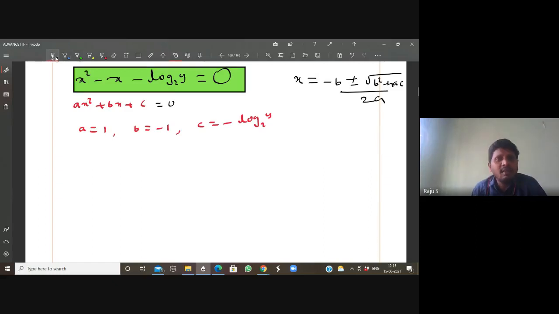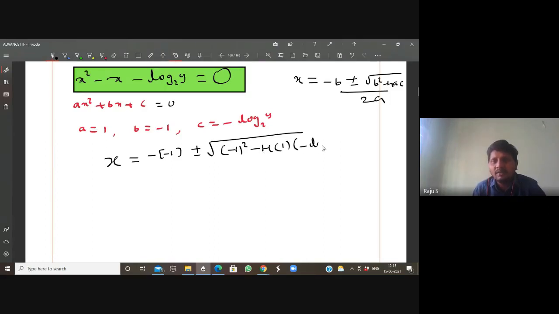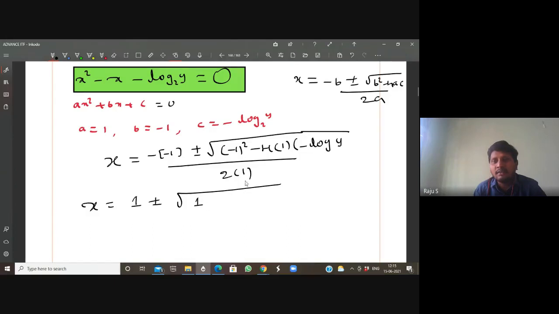So finally x is equal to minus b, minus of -1, plus or minus root of b square, that is -1 whole square, minus 4a, where a value is 1. What is the c value? Minus log y, all divided by 2a. That's it. So now x is equal to 1 plus or minus root of 1 plus 4 log y base 2, then by 2.